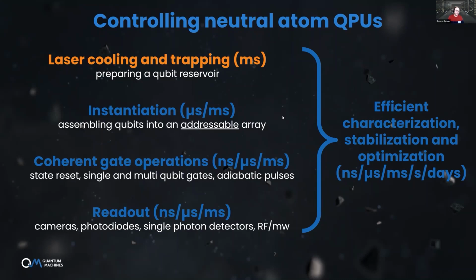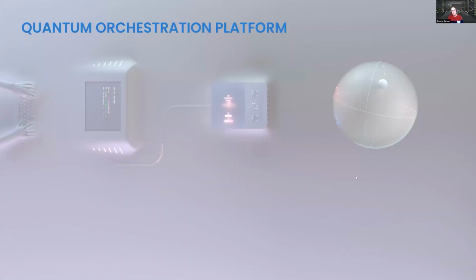Okay, so let's maybe start with a short introduction to what exactly it is that we're doing and how we're doing that. And hopefully by the end of this section, you will be convinced that at least laser cooling and trapping is something that you will be able to perform. So the quantum orchestration platform is the following thing.